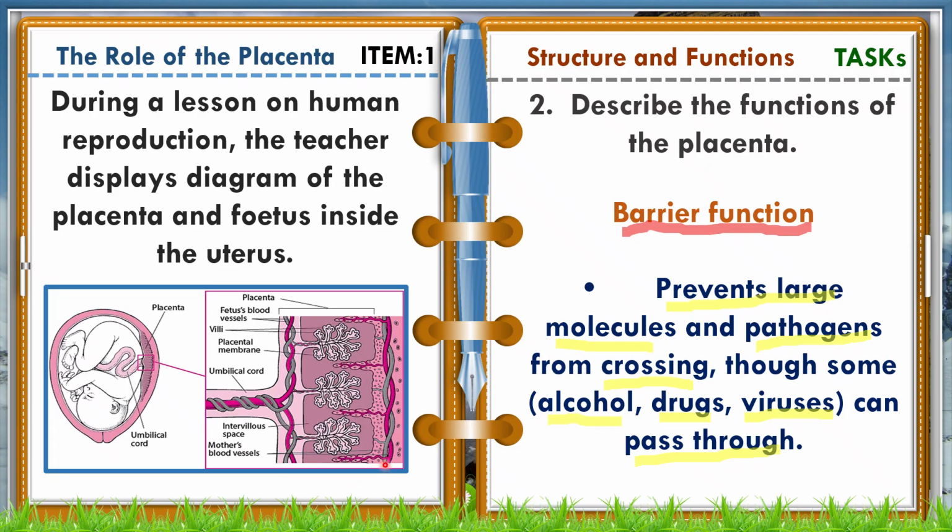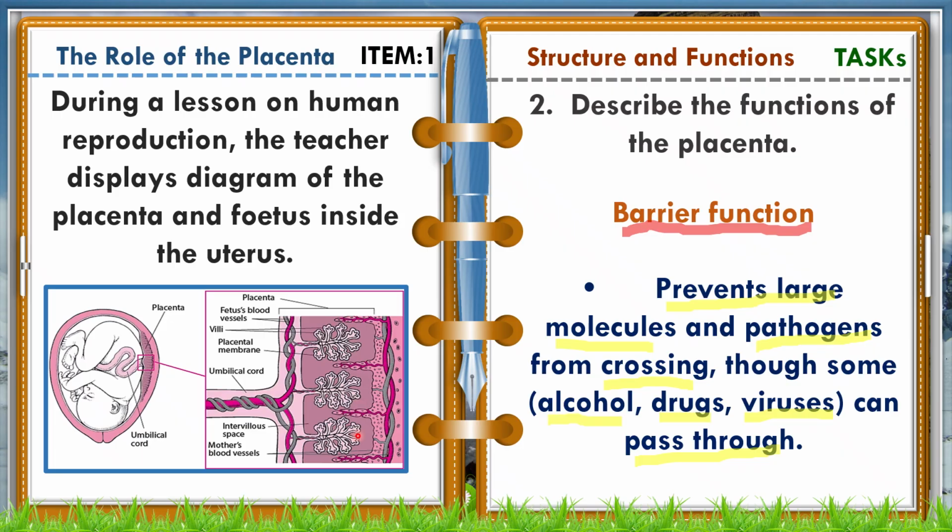So when the mother's blood is coming and bringing materials to be supplied to the fetal blood vessels, the placenta will act as a barrier to prevent those large particles, large molecules from entering the fetus's blood vessels.